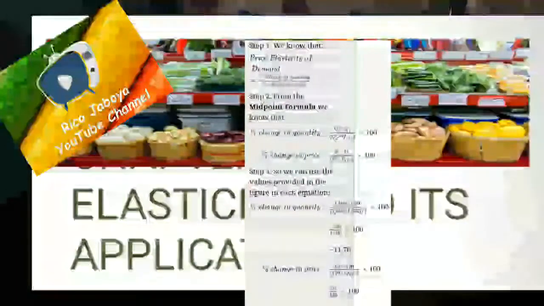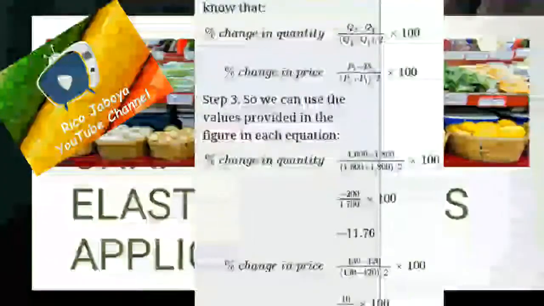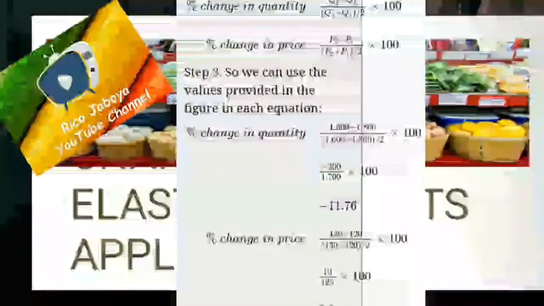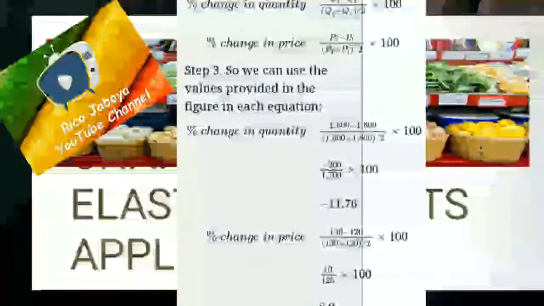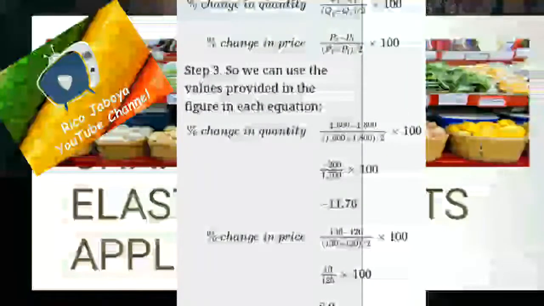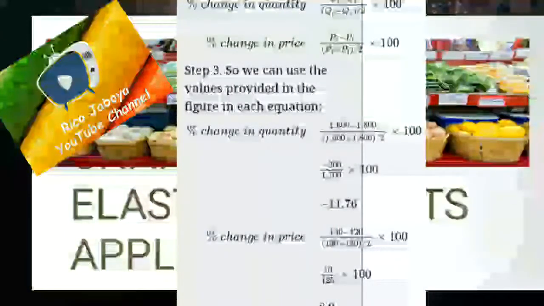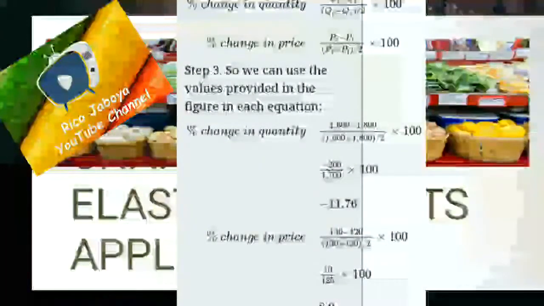Then step 3, let's look at step 3. All right, so here point G to H, no. So in terms of quantity, we have 1,600 less 1,800 will result to negative 200.